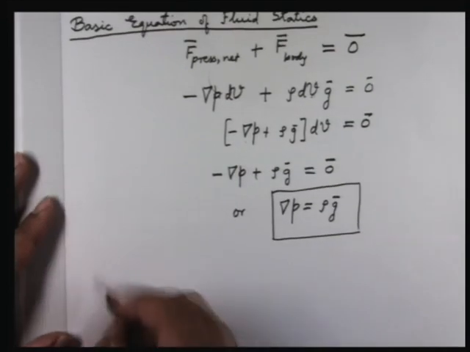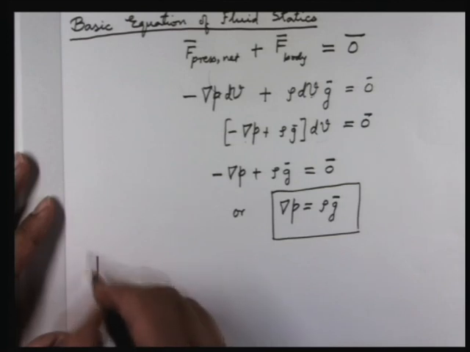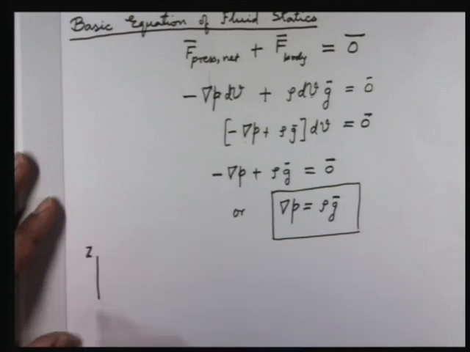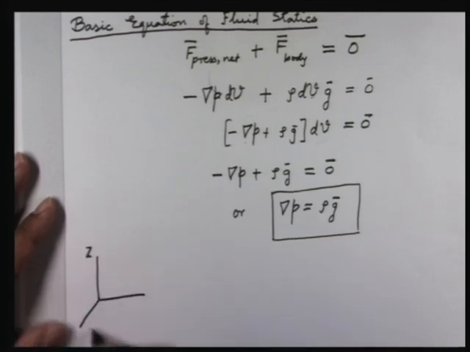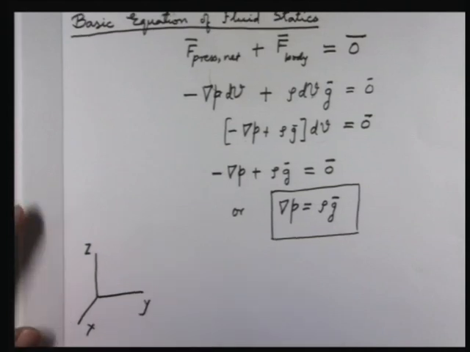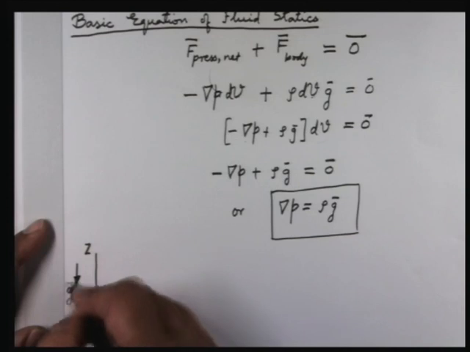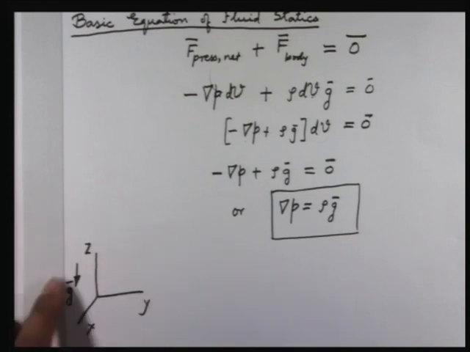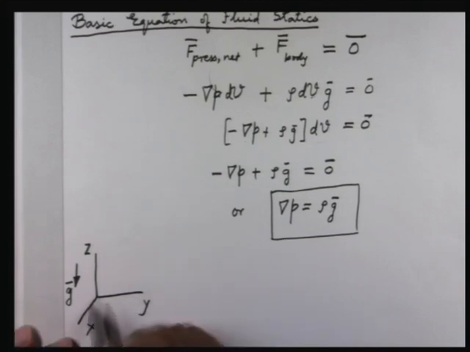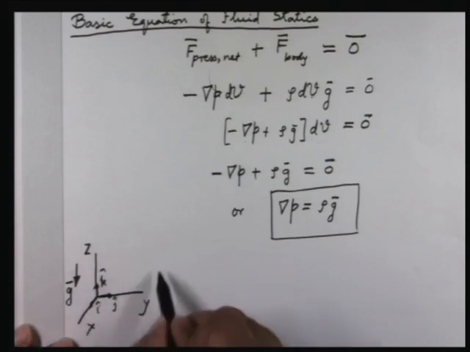So let us say most of the books will take the z direction to be vertical and upwards. So let us say the xy plane is horizontal and you have gravity acting downwards. So I am putting a bar on top to denote the vector quantities. So here if I say this is i, the unit vector, this is j and this is k, then according to this coordinate system my g is minus g k.